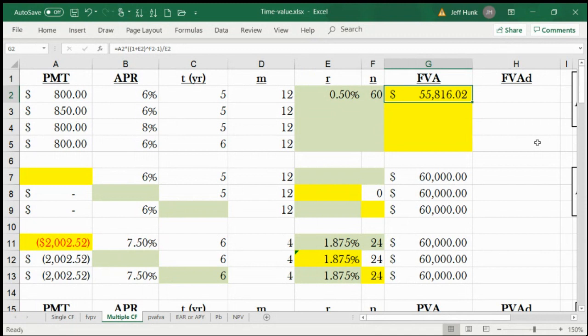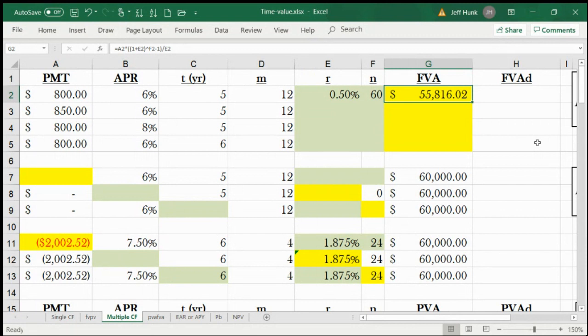So if you work part-time and save $800 every month, do you accumulate enough money at the end of year 5 to pay for your graduate school?